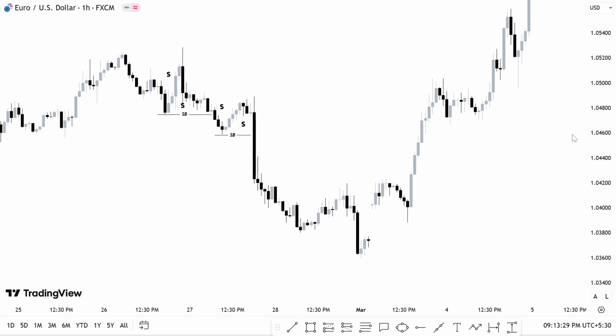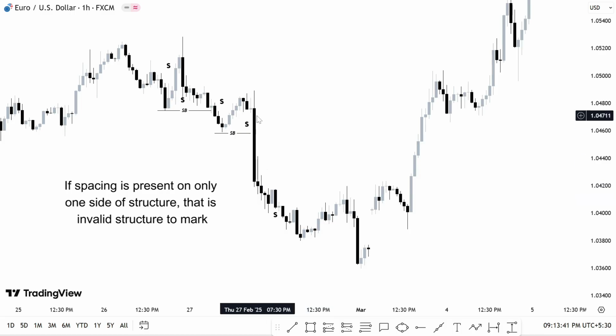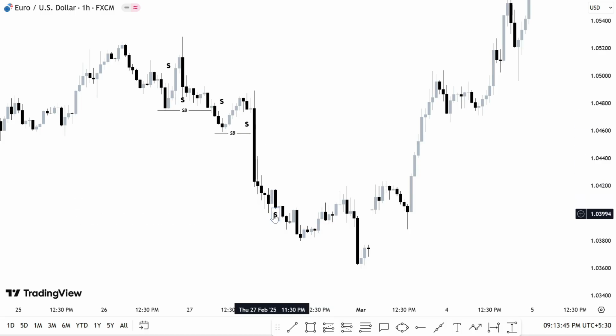Now moving over here, this has spacing over here, yes, but on the opposite side over here we do not have any spacing. There is no spacing over here, so if only one side has spacing we will avoid that structure as a swing structure.